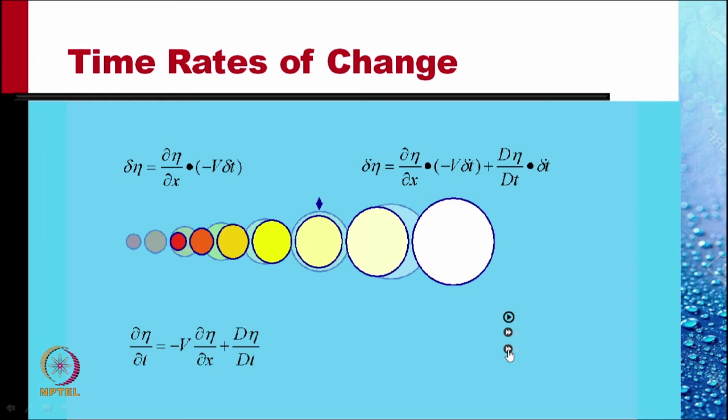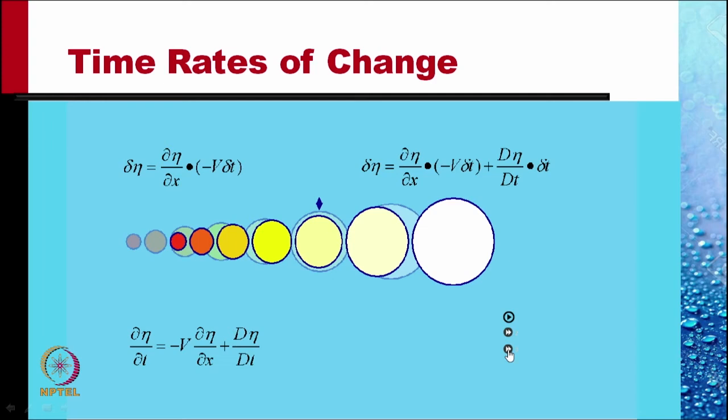And the rate of change with time is given by the equation at the bottom of the slide. Del eta by del t is equal to minus v del eta by del x plus D eta by D t. Del eta by del t on the left is the observed rate of change. We call it the local rate of change. Locally observed rate of change by a stationary observer.